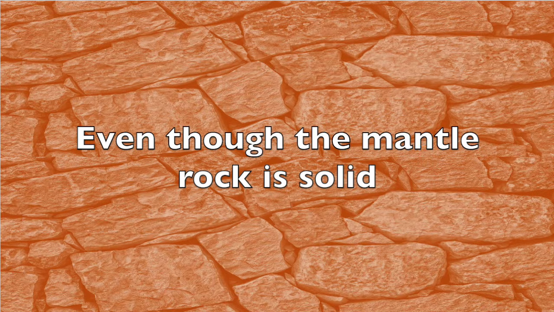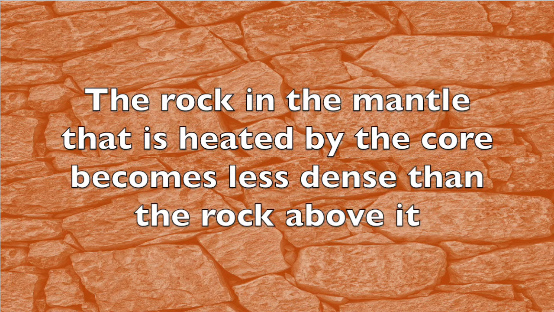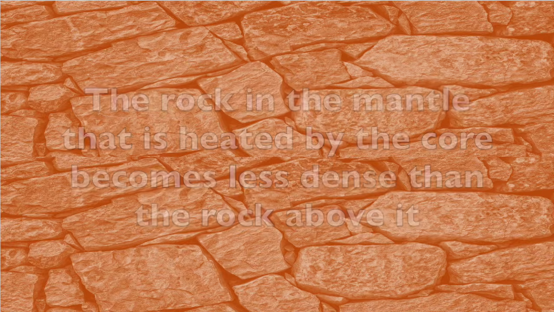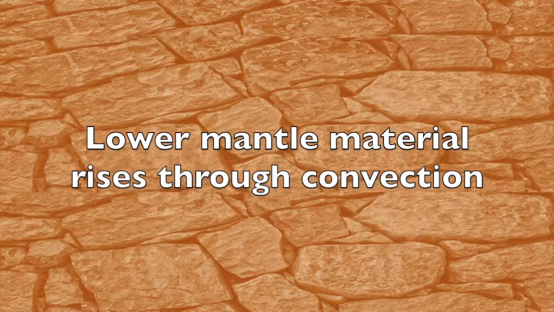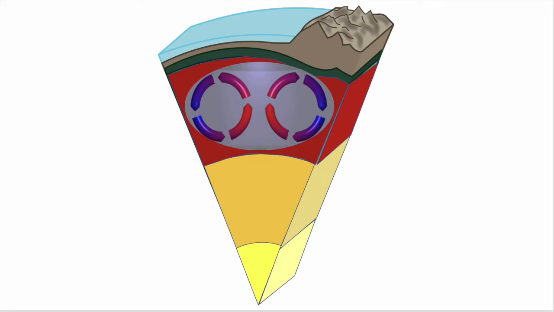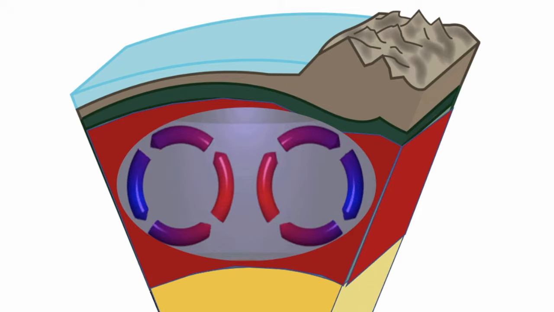Even though the mantle rock is solid, it behaves like a very viscous, thick liquid. The rock in the mantle that is heated by the core becomes less dense than the rock above it. Slowly, over millions of years, lower mantle material rises through convection. As it does, it cools. At the top of the mantle, the cooler mantle material moves horizontally.